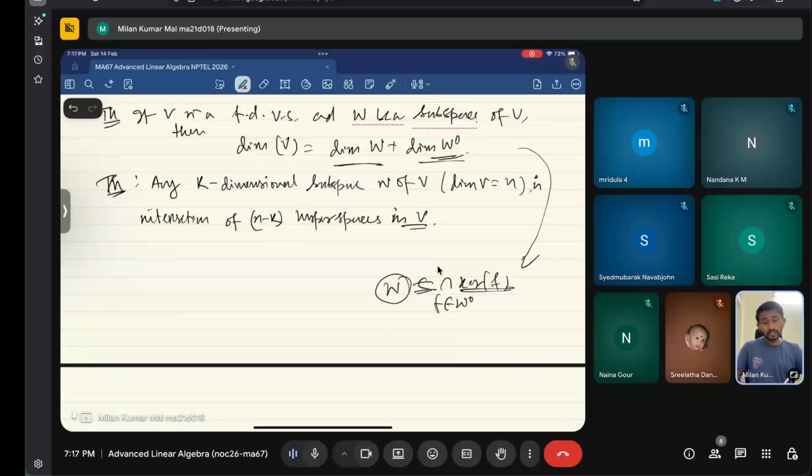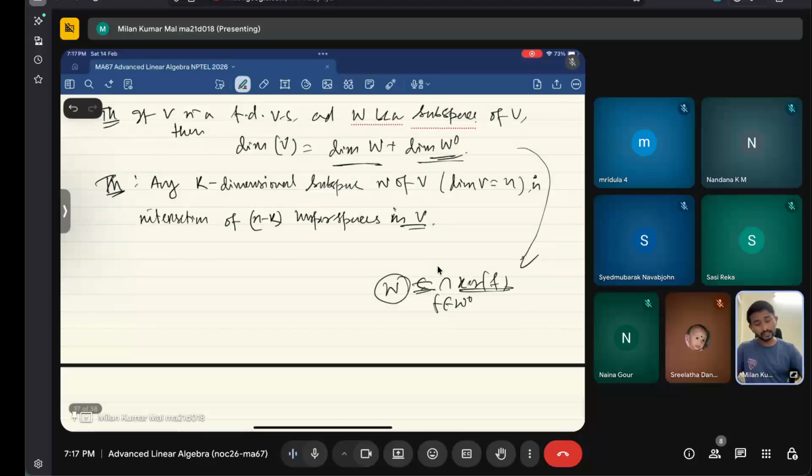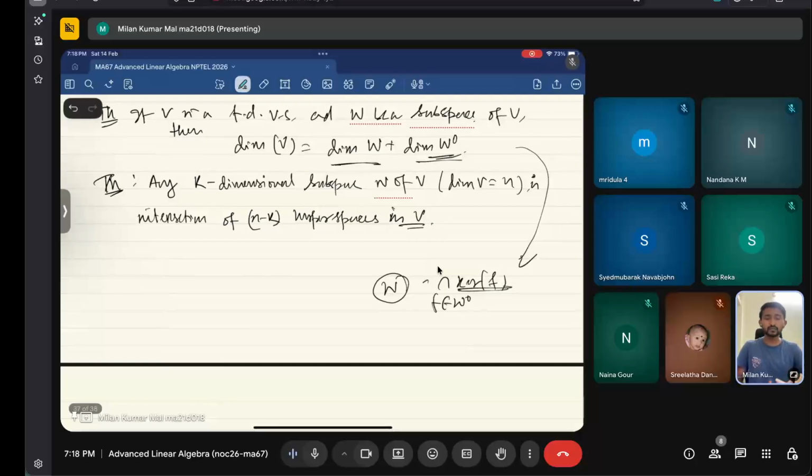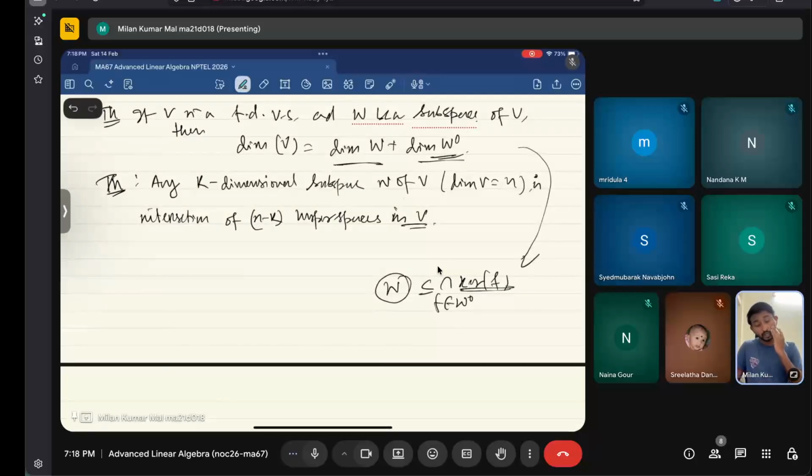As the kernels of F are hyperspaces or hyperplanes corresponding to each linear functional F in W naught, W is inside the intersection of the kernels of W naught. The other way, why this can't be a proper subspace, is another thing, but this is a subspace. That's very easy, but I am not trying to explain this. So these are the things.